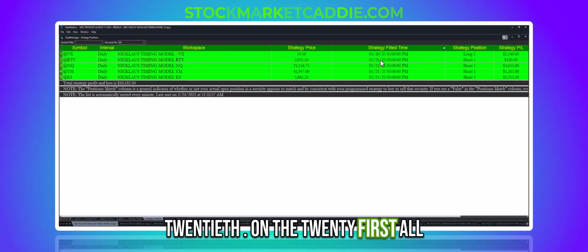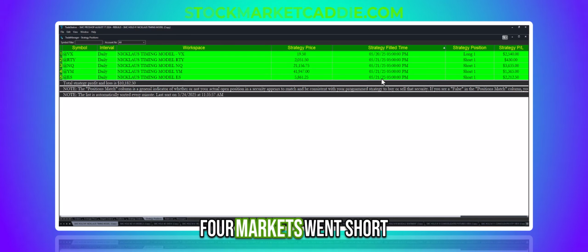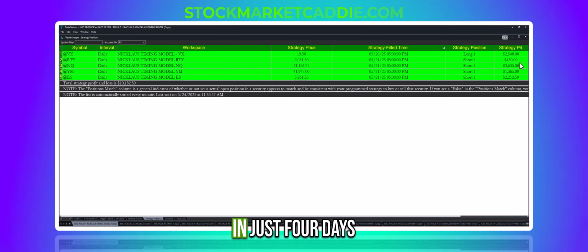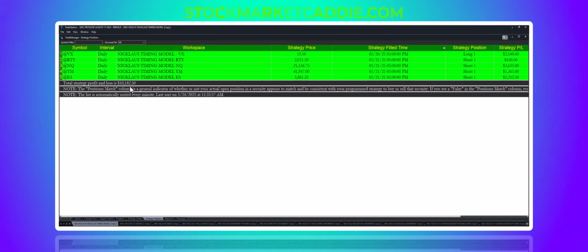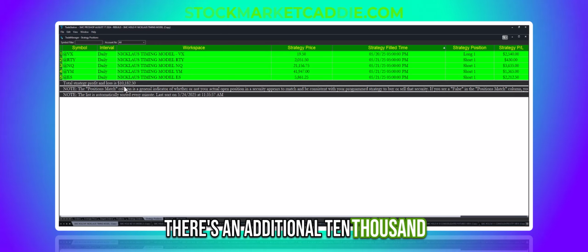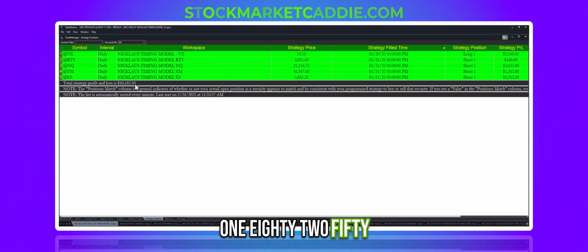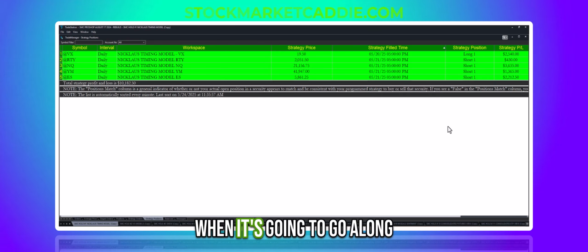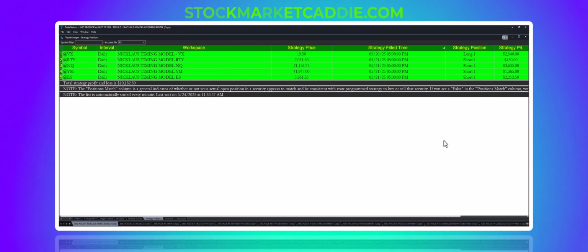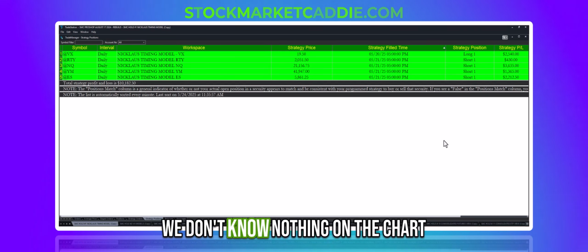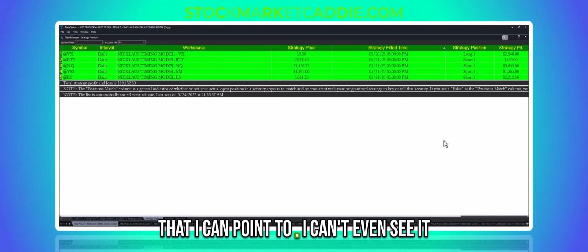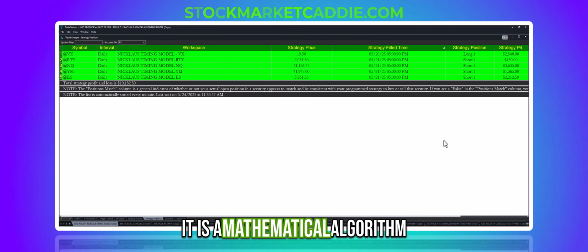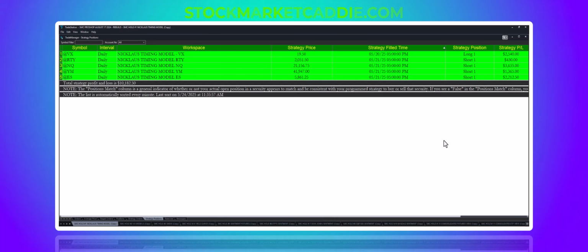On the 21st, all four markets went short. In just 4 days, there's an additional $10,182.50. I do not know when it's going to go long. We don't know. Nothing on the chart that I can point to. I can't even see it myself. It is a mathematical algorithm.